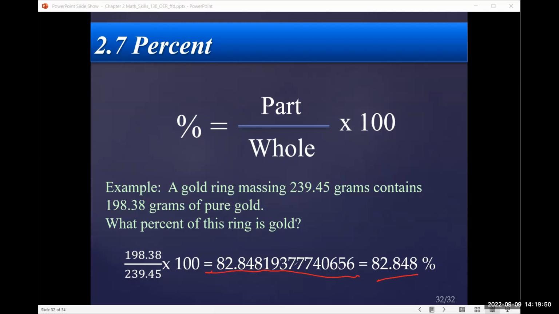So your calculator output this number, you go to the 5 sig fig position, which would be right here, the 8. Okay. And now you look at the number after like you normally do. It's a 1, and you do your rounding, so the 8 stays as an 8. And now your answer is 82.848%.